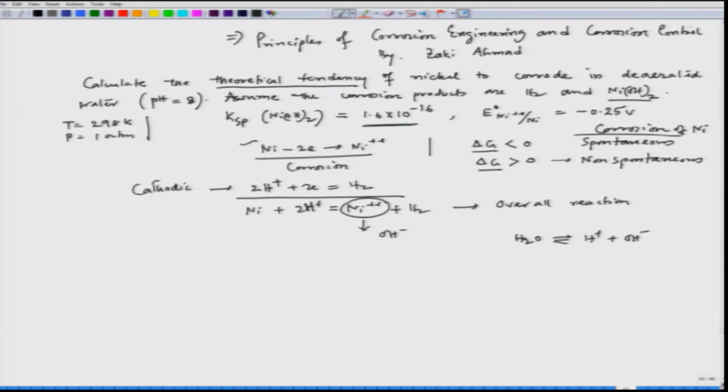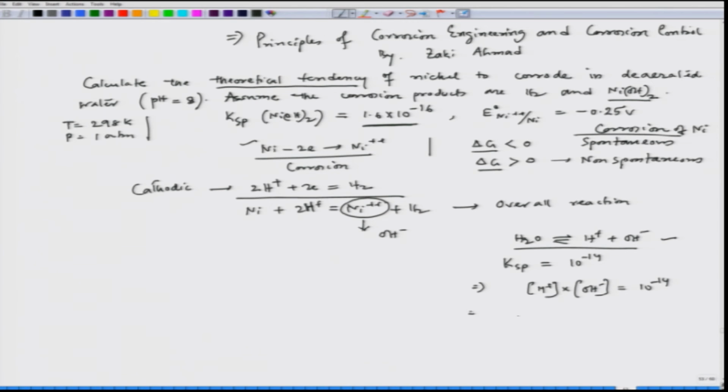So, this reaction we can consider. When we consider this reaction, we also have to take care of the Ksp of water, which is 10 to the power minus 14. So, we can write H plus into OH minus equal to 10 to the power minus 14.